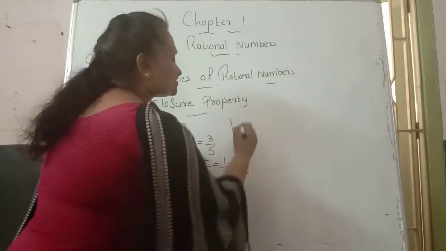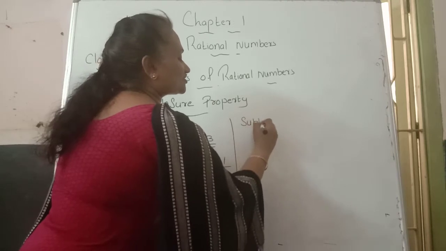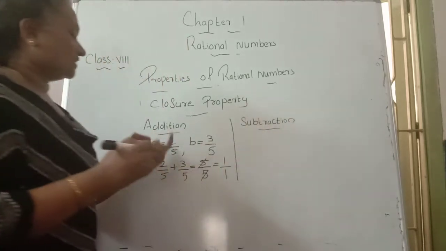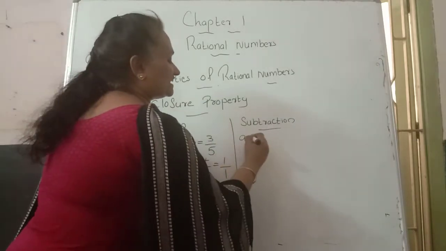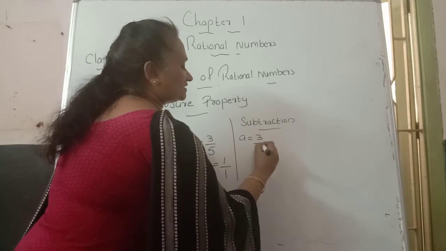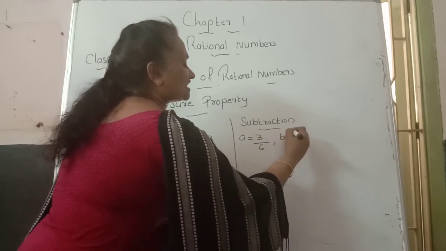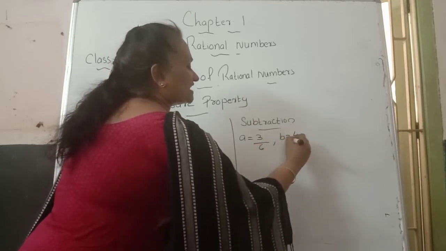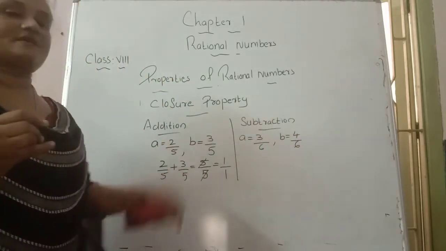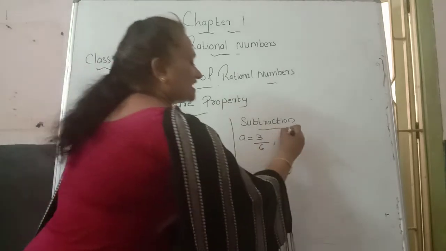Next we are going to check the subtraction case. Is it satisfying or not? Take a value as 3 by 6 and b value as 4 by 6. Two numbers I consider, and I am going to subtract 4 by 6.